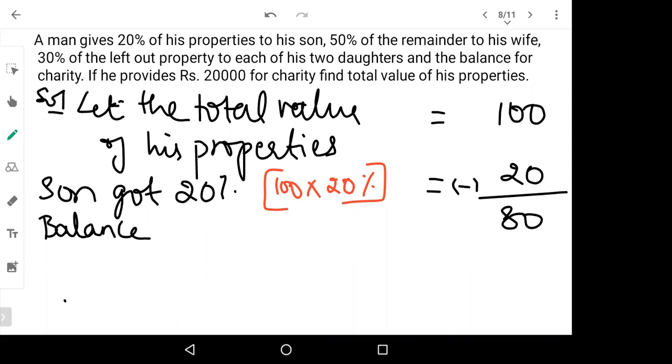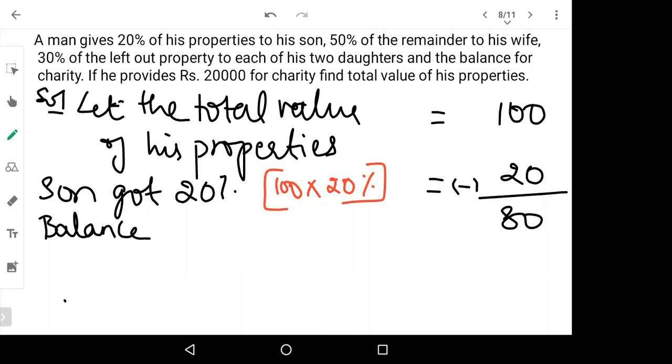Now the next one is 50% of the remainder to his wife. Now what is the remainder? Remainder is nothing but the balance. So we have 80. Now in this 80, 50% has to be given to the wife.